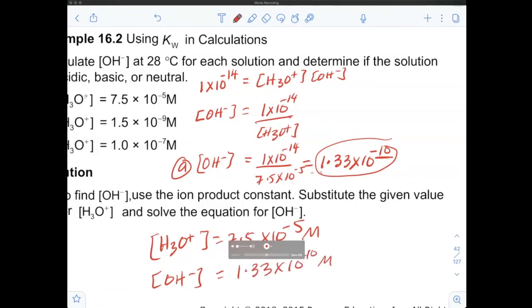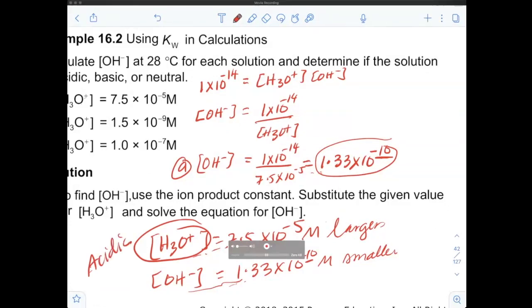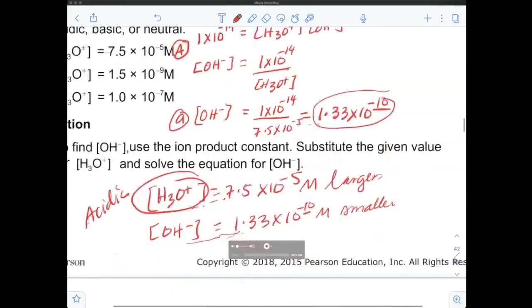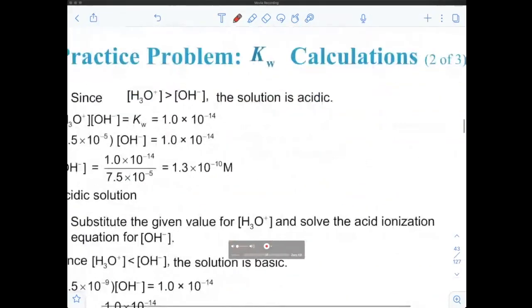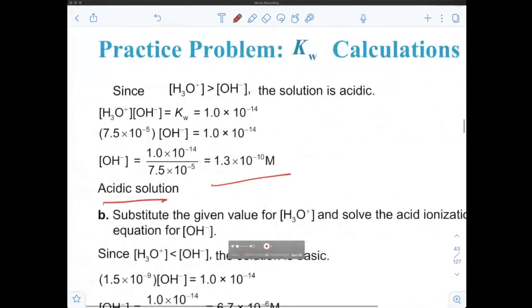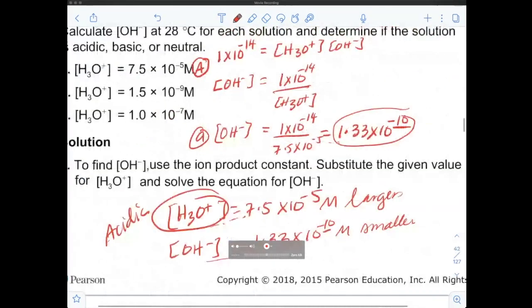When you compare these two, this is obviously larger because it's going to have fewer zeros in the front. This is going to be smaller because it will have more zeros in the front. So this wins. This is going to be more acidic. So I can judge the first one as A for acidic. Let me check and see if they got it. Yep. Did they say acidic? Yes, they did. Moving on to the next one.